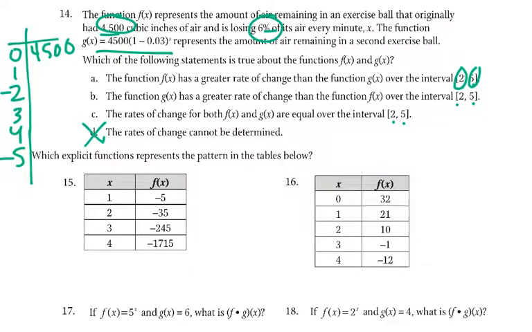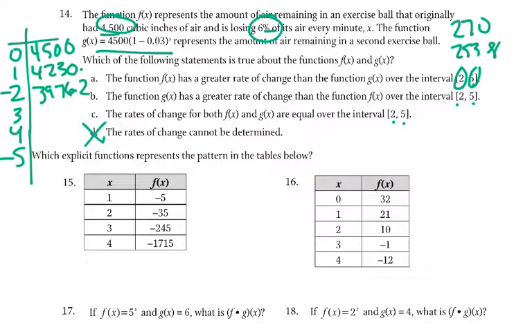Well, if I take 4,500 and times it by 0.06, that means I lost 270 cubic inches that first time, which would be 4,230. Now I'd have to find 6% of that, times that by 0.06, and I would lose 253.8. Okay, so now this isn't the easiest way to do this. We've talked about these things, but I get 3976.2.